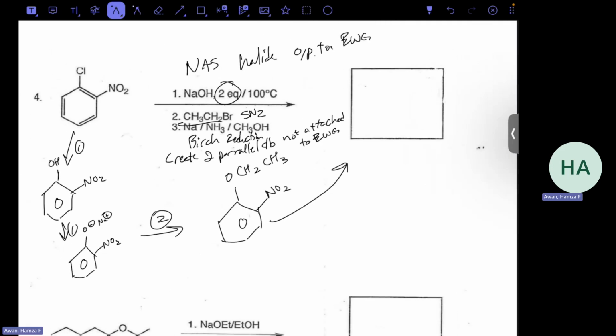So that means that we have a correct way to draw those 2 bonds.